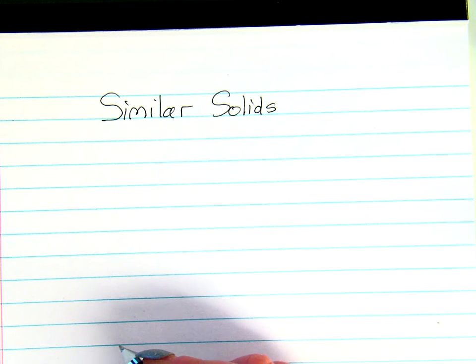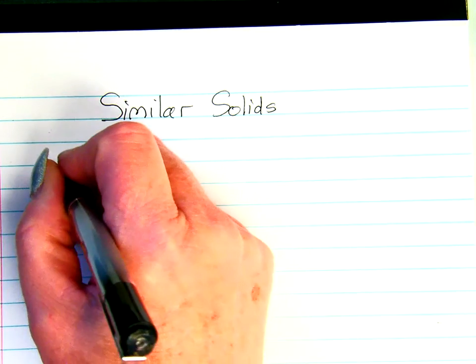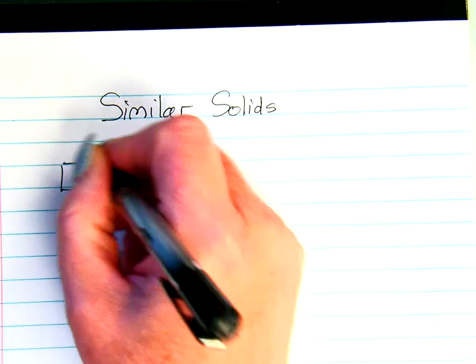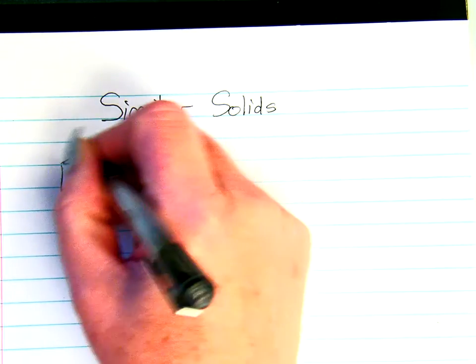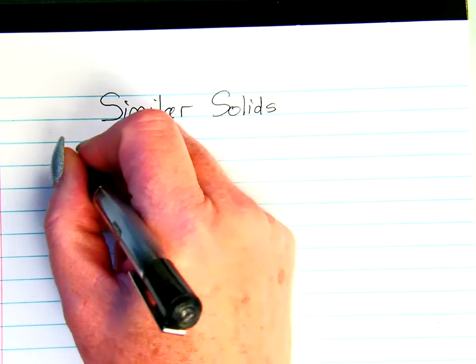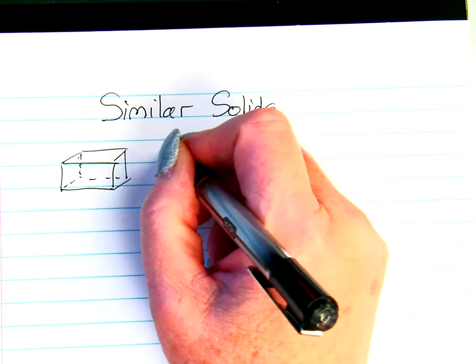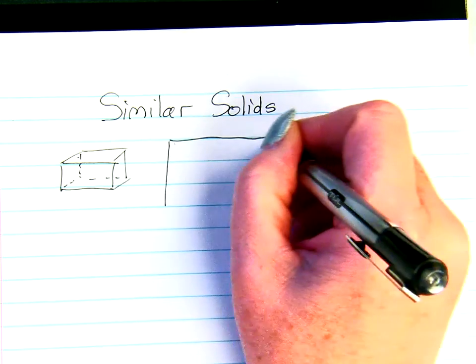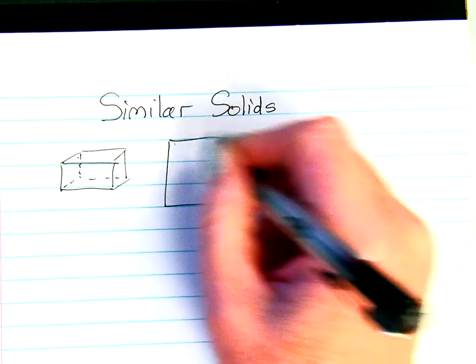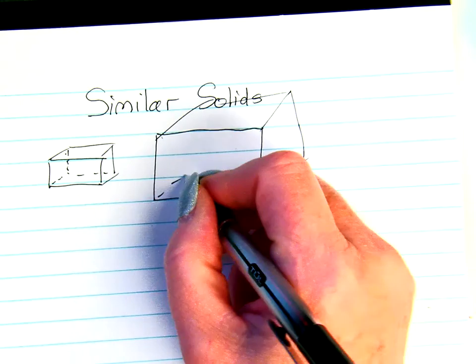So we're going to be looking at, and luckily we've got rectangular prisms, so you'll be able to actually see what I'm talking about. And we'll have one that is slightly larger. Okay, we're going to be going into my similar solids there.